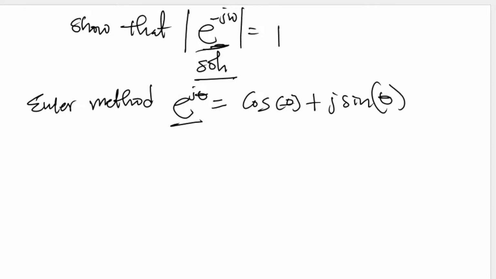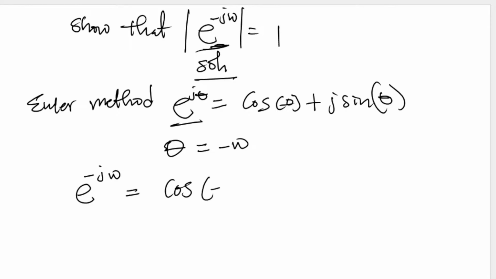So in essence, we can say that theta here will be equal to minus w. Anywhere we see theta, we are putting jw. Now, if you input theta to be minus w into your Euler's method, you now have your new Euler's method equation: exponential minus jw, which is what we have here, will now be equal to cos, and in place of theta we are now using minus w, not theta.